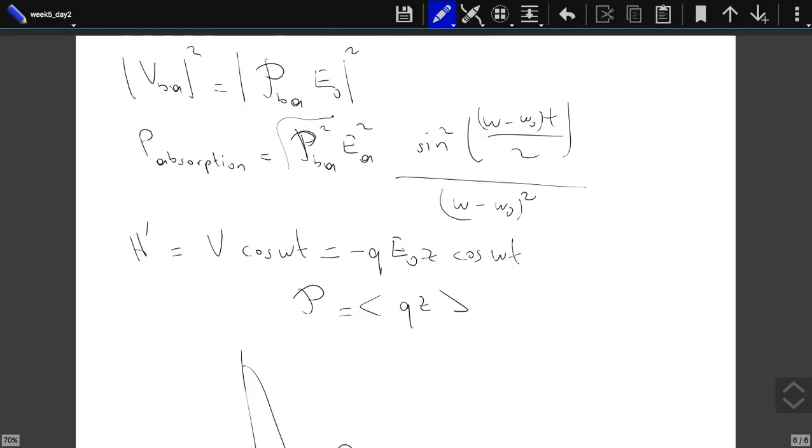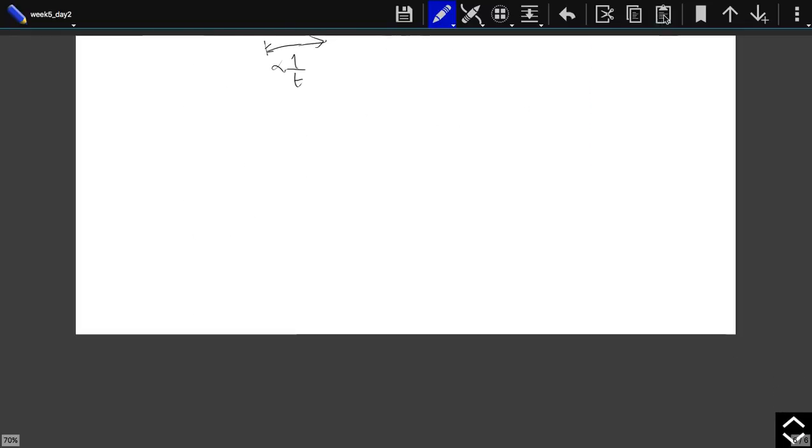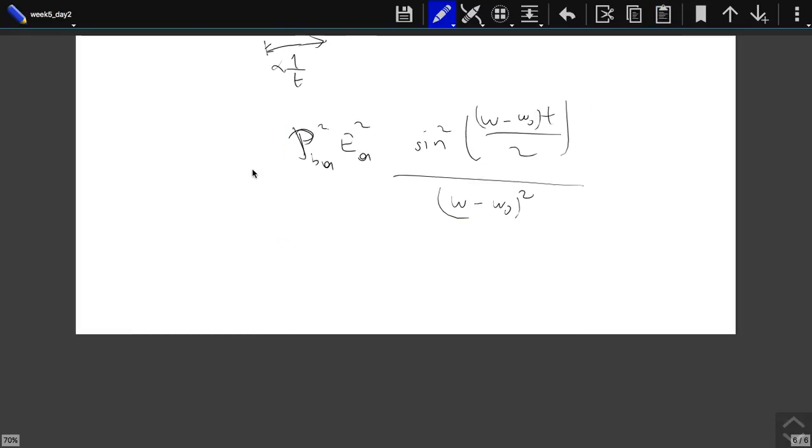This is for a single frequency. We will have a distribution of frequencies. dW, this is the total probability of absorption.